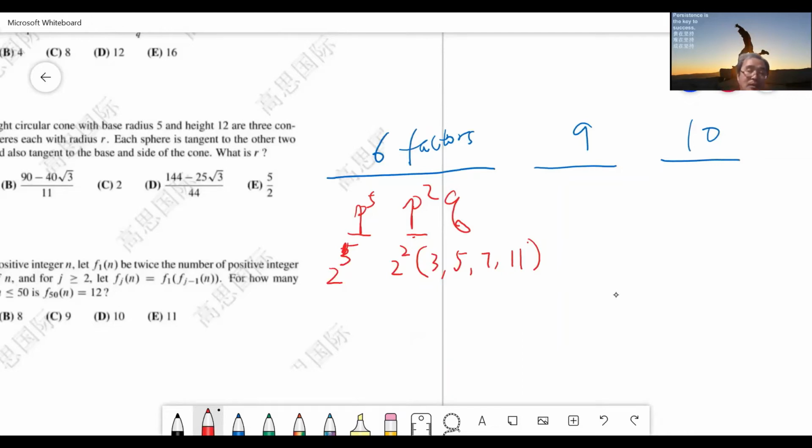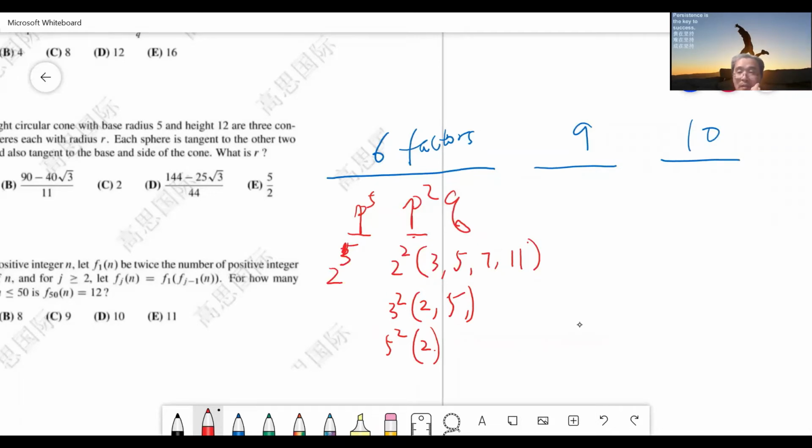That's too large. So maybe we can have 3 squared. 3 squared can times 2, and can also times 5. That's 45, right? That's it. Cannot do 7. Then we can do 5 squared, then times 2. 5 squared times 2 is 50. That's fine. So then, can we do more?